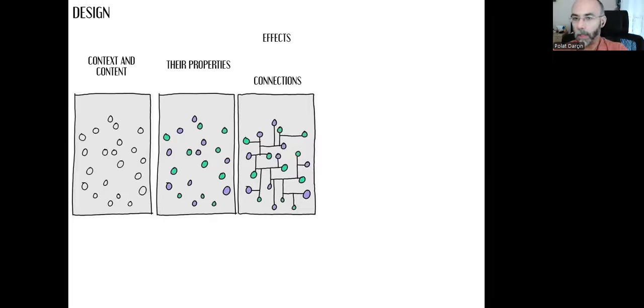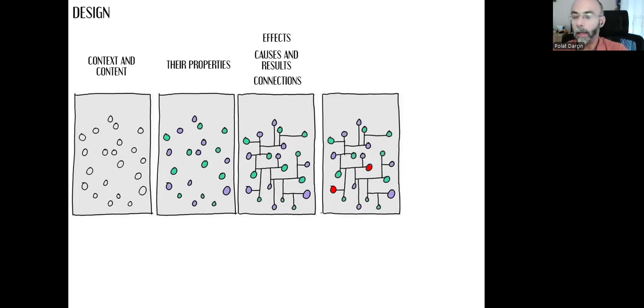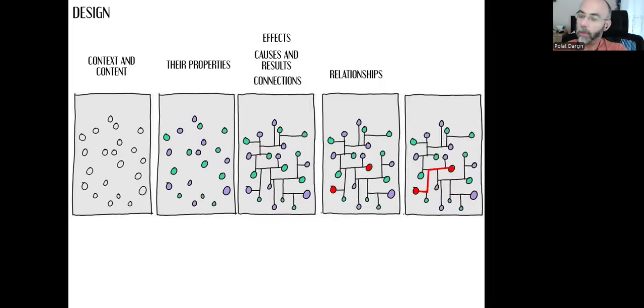And when I say connections, of course, I'm talking about effects, causes, and results. Based on this network of effects and connections, we can make proper decisions in order to relate certain things together.